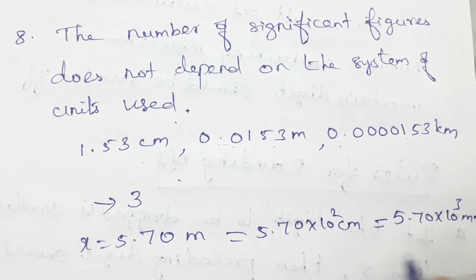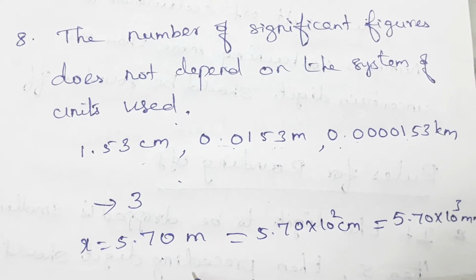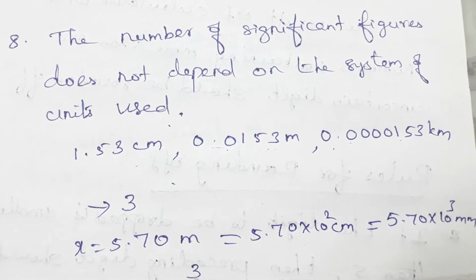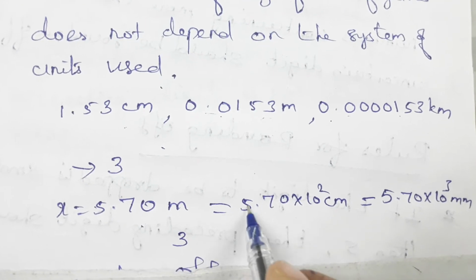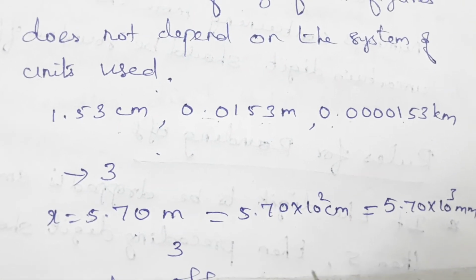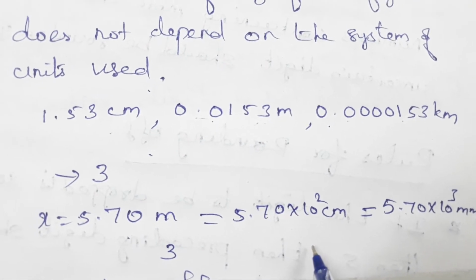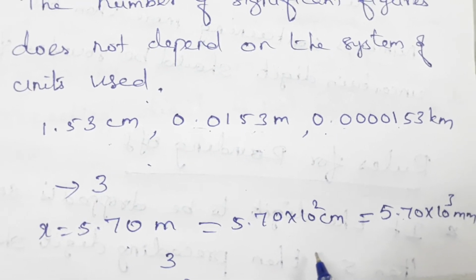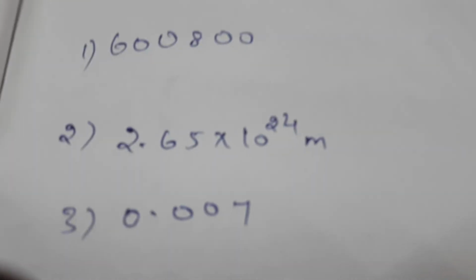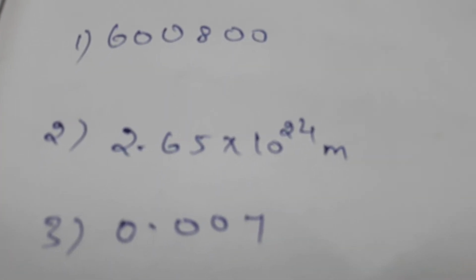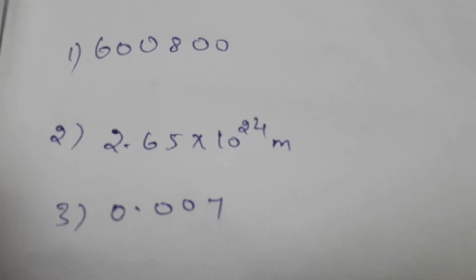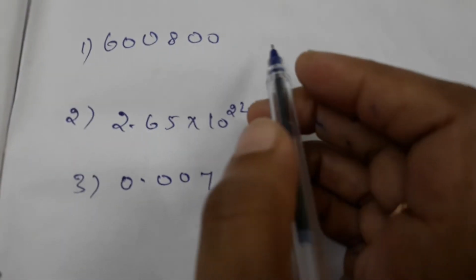So all these systems have the significant figures as 3. 1, 2, 3, 1, 2, 3, 1, 2, 3. So the power of 10 is irrelevant to the determination of significant figures. I think you understood the rules for significant figures. Let us check the examples.